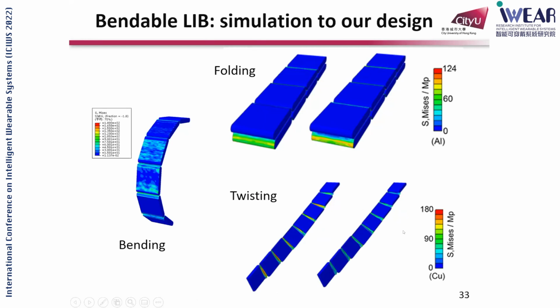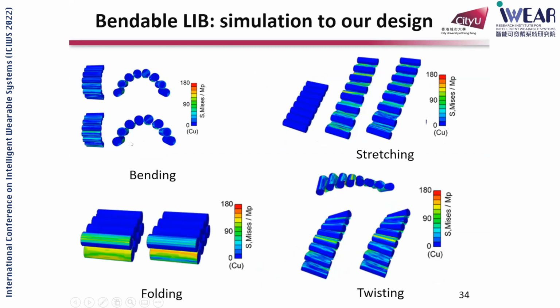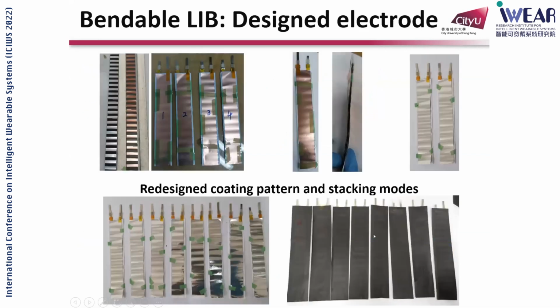If you twist it, the twist cannot be very large, but it can still sustain some twisting. And with different storage units, you still have this folding and twisting ability. This is redesigning the coating pattern and stacking models, and we can make a lot of them.